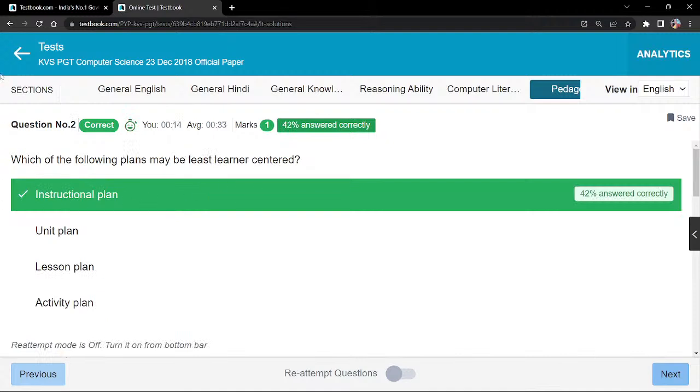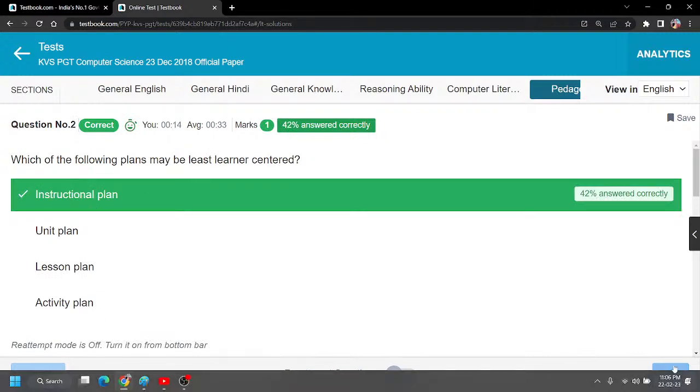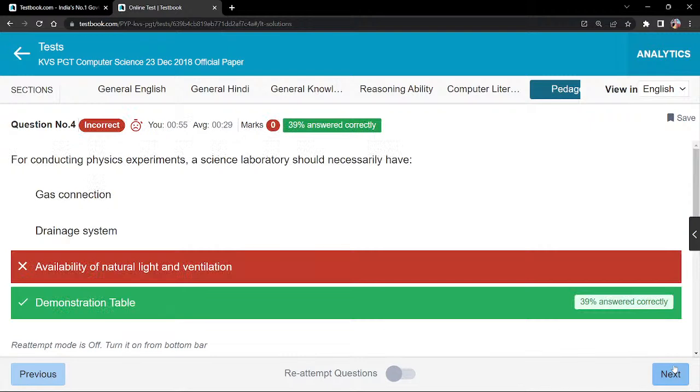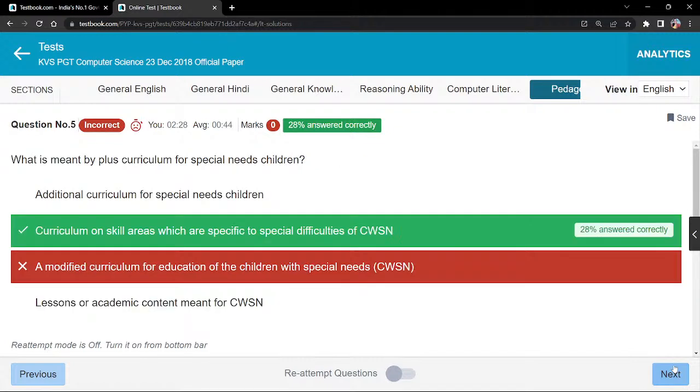The learner centered, that is the instructional plan, is learner centered. The concept of curriculum development excludes international considerations. A demonstration table for conducting physics experiments. What is meant by plus curriculum?